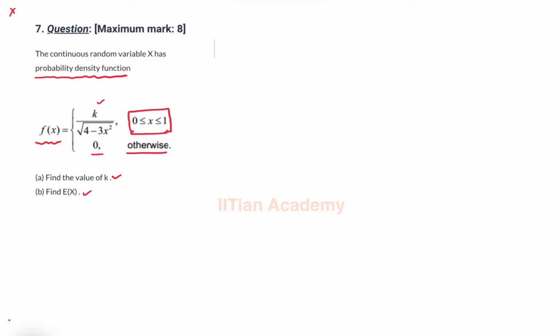So what information we can get from here is that if we sum up all the probabilities when x ranges from 0 to 1, the sum should come out to be equal to 1, because the complete probability is equal to 1. When I am saying this sum, I am basically saying let us integrate p(x) dx.